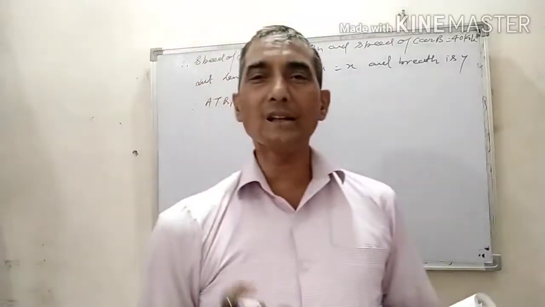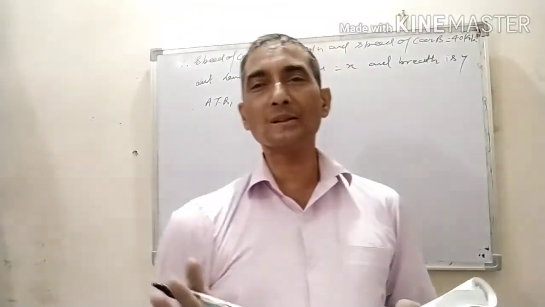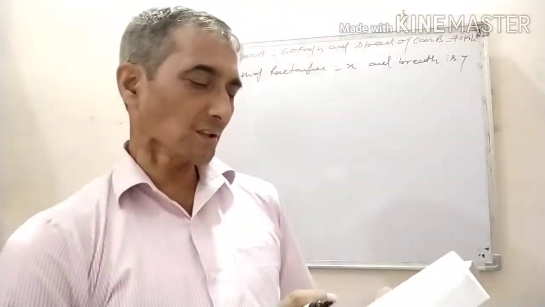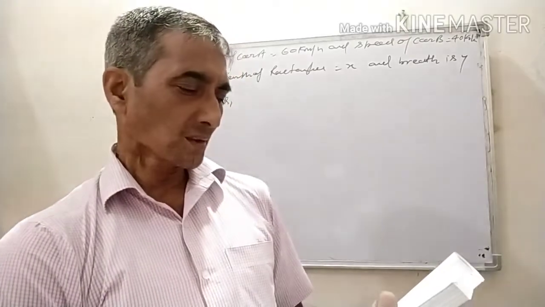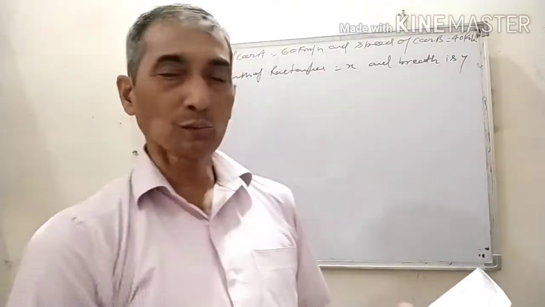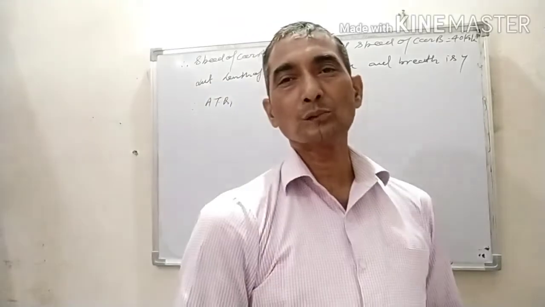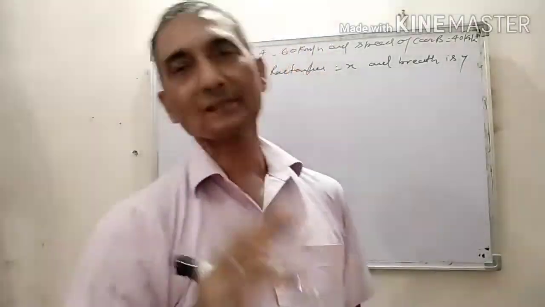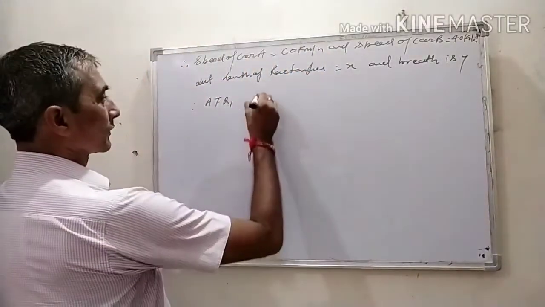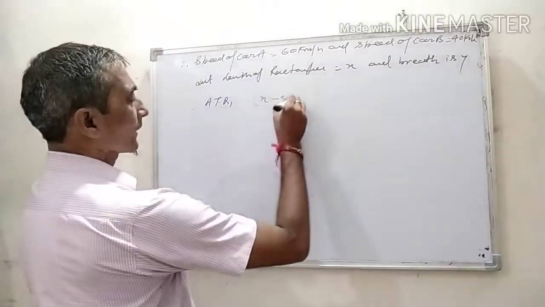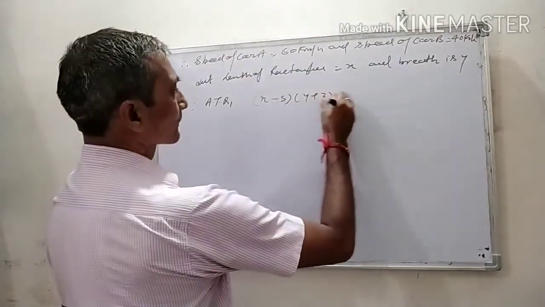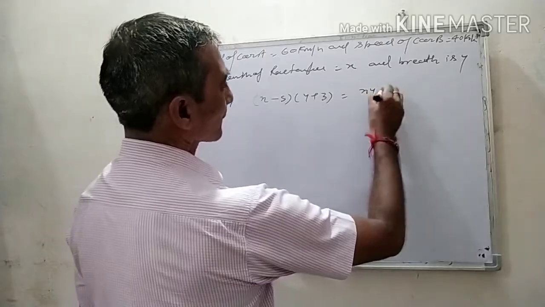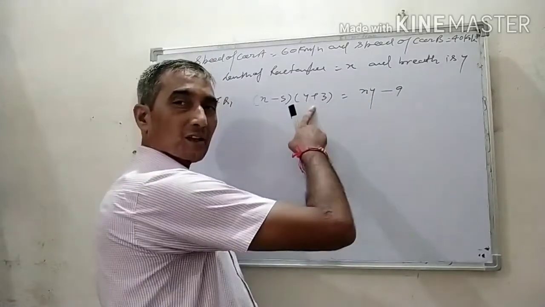Then area is x minus 5 into y plus 3. This area is reduced by 9 square units from the first area. First area is x into y. So ATQ1: x minus 5 into y plus 3 equal to xy minus 9.